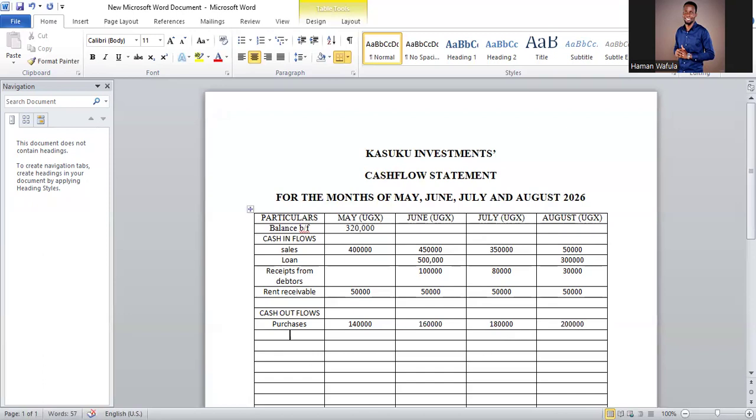Then the next cash outflow, we have labor costs. First month, we have 150, second month 120, third month 100.